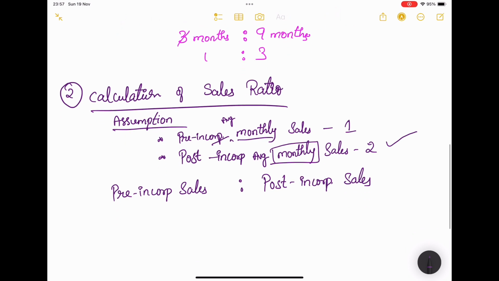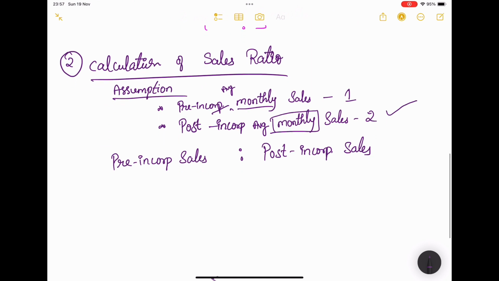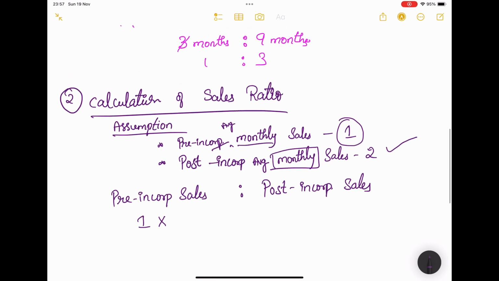In pre incorporation I'm considering my monthly sales as 1, and we have calculated 3 months in the time ratio, isn't it? So 3 months is to post incorporation sales, 2 into 9 months, isn't it? This is how we will be calculating it.